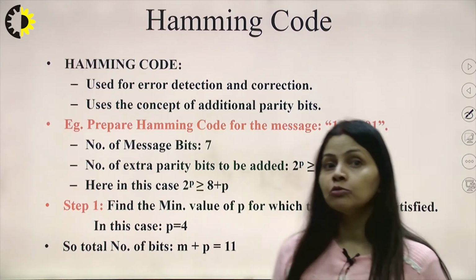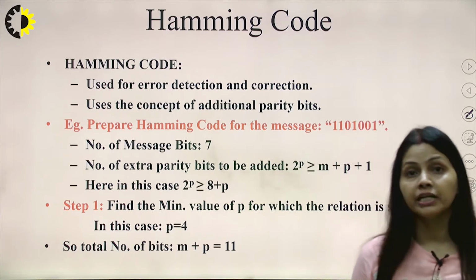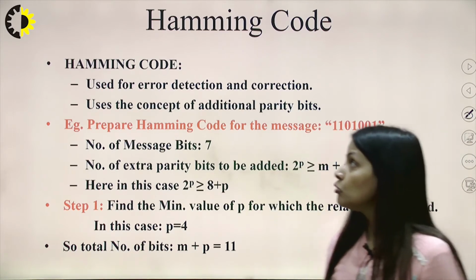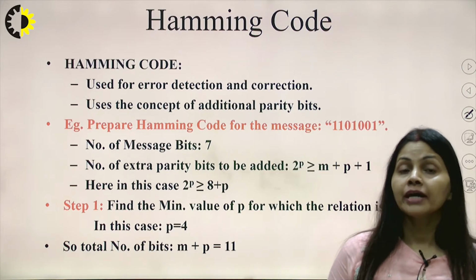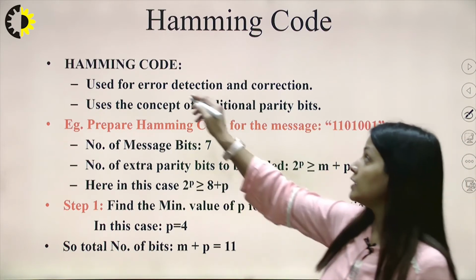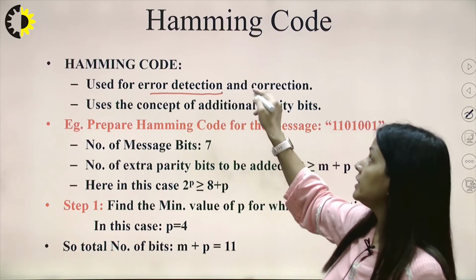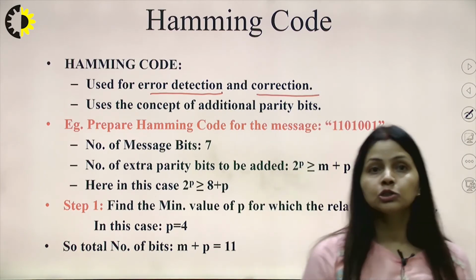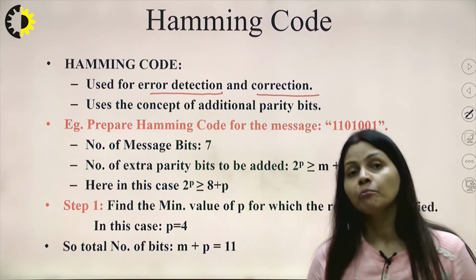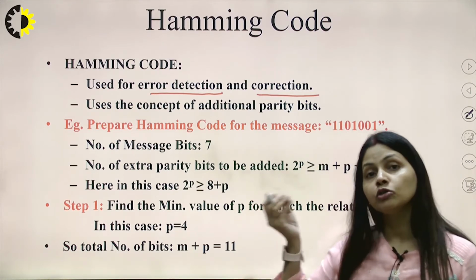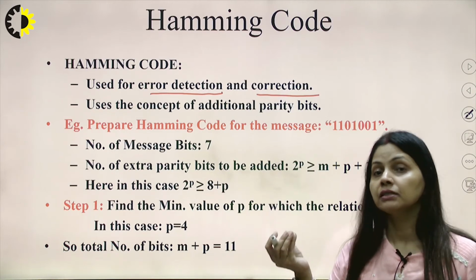So now coming to the Hamming code generation part. So this Hamming code is used for, as I told, error detection first and then error correction. So the concept behind it is to add some parity bits to my original data bits.